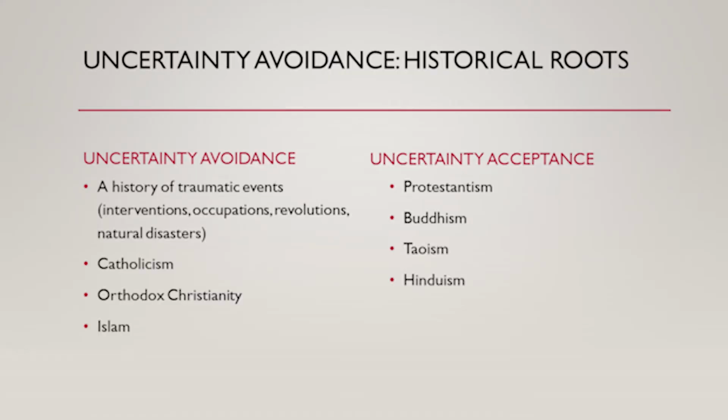Russia also scores high on uncertainty avoidance, but not as much because of natural disasters, but more because of a 300-year occupation by the Mongols, a history of constant wars and revolutions, and also because of the impact of the Orthodox Church with its fundamentalism, conservatism, and inability to adapt.